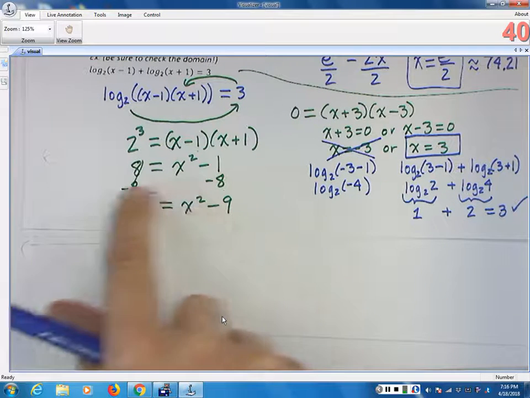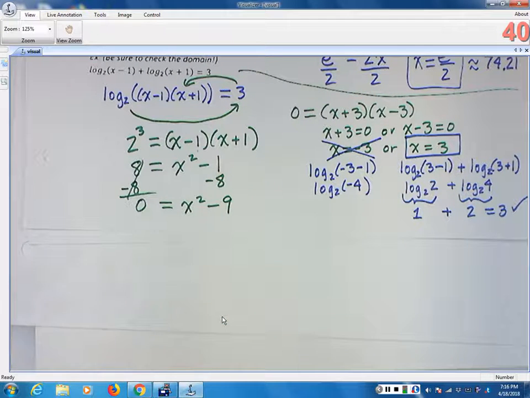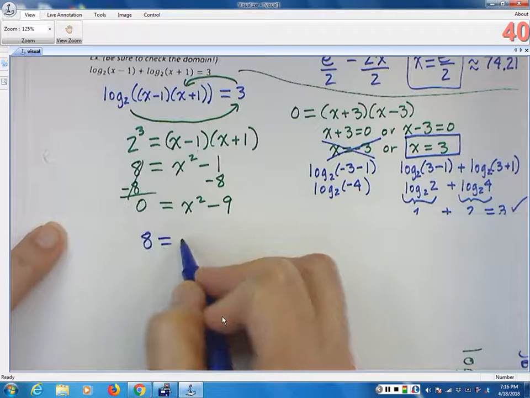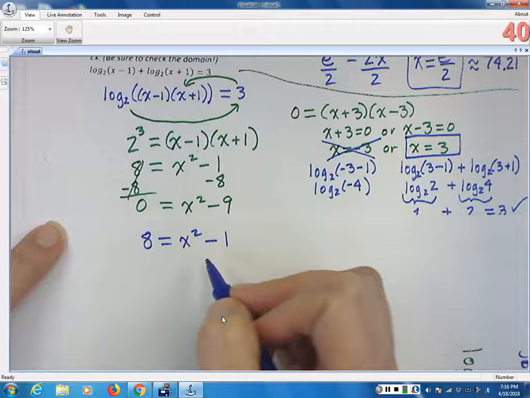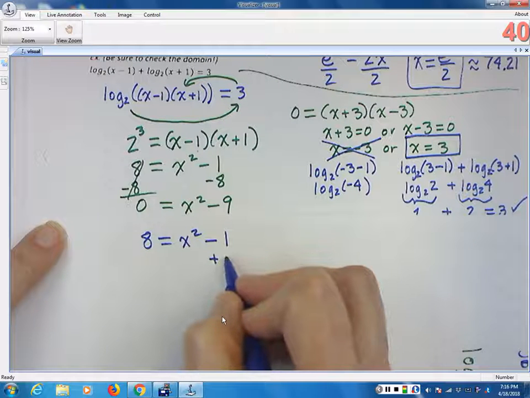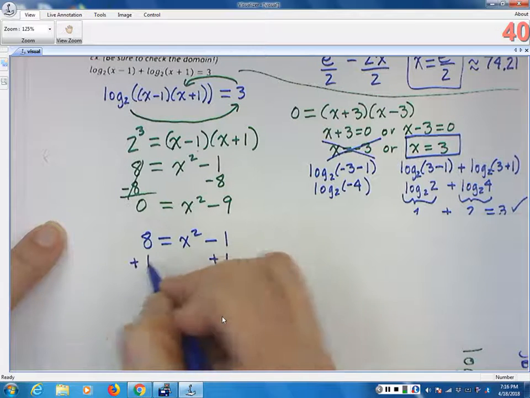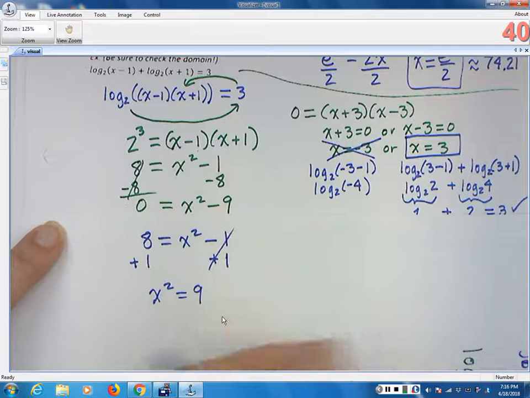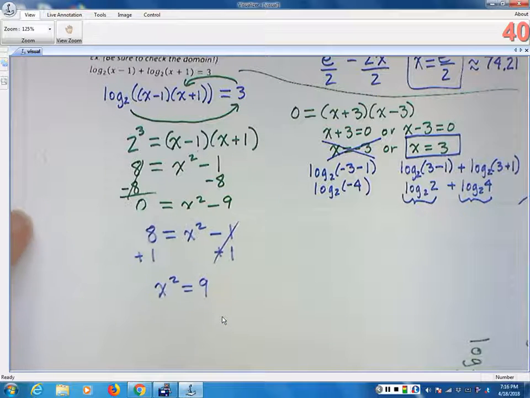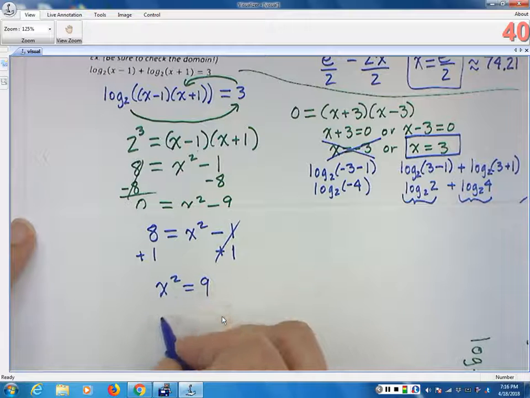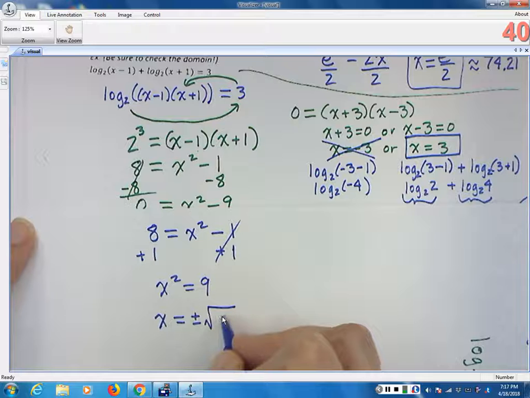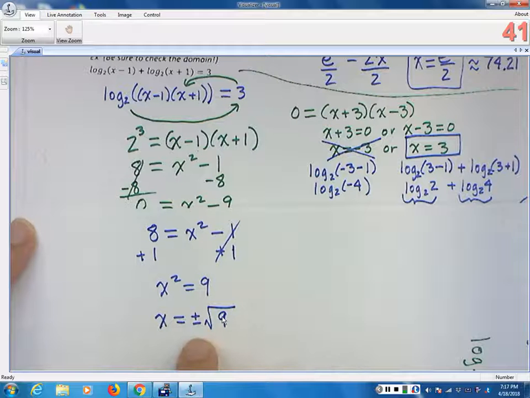Okay, let's redo that. Let's start from 8 equals x squared minus 1. You could add 1 to both sides, and you get x squared equals 9. Then you can take the square root of both sides, but remember, you have to add a plus or minus sign there.